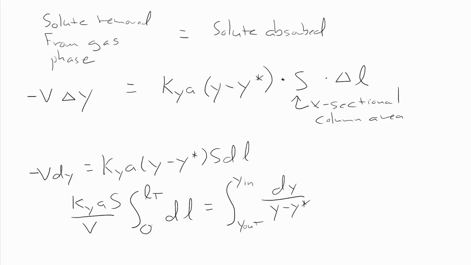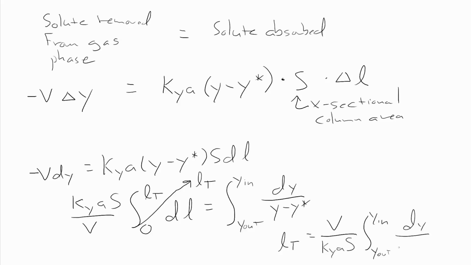Okay, this integral is simple. It just goes to the total length of the column. So the total length of the column is equal to V over KYAS times the integral between y out and y in of dy over y minus y star.